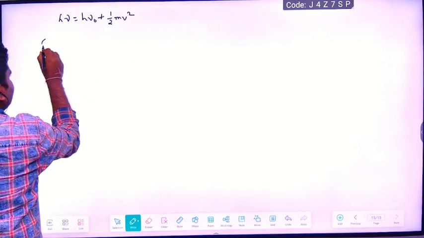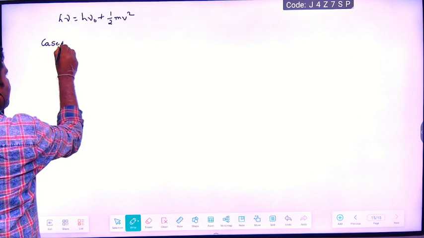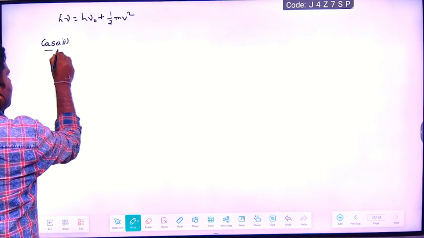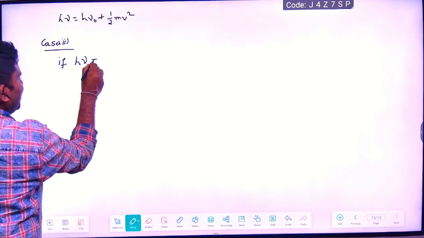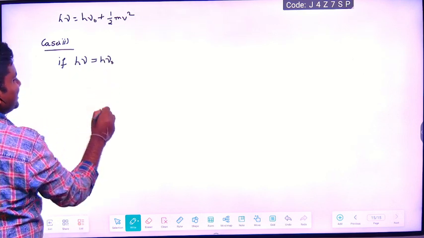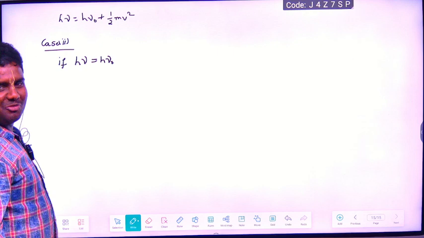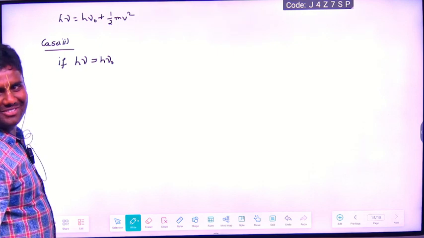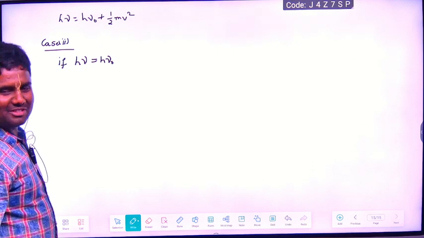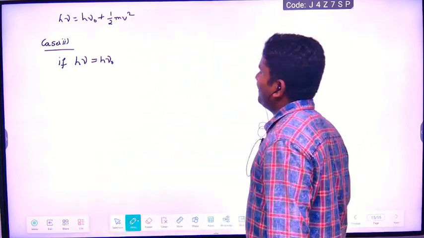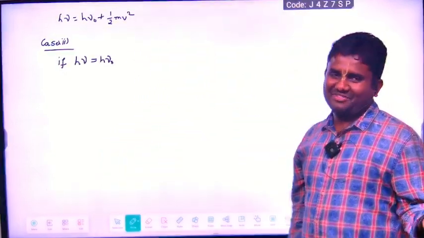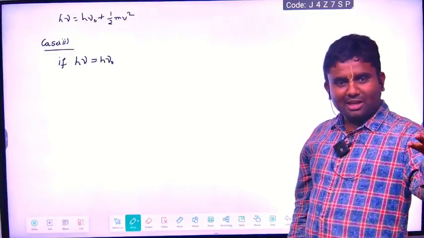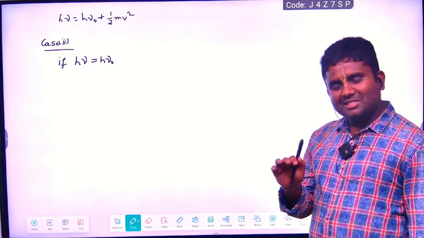Now case 2 will be, if h mu is equal to h mu naught, if the incident energy is equal to the work function, what will happen? It will just come out and stay on the surface. The electron will never move to the collector plate.